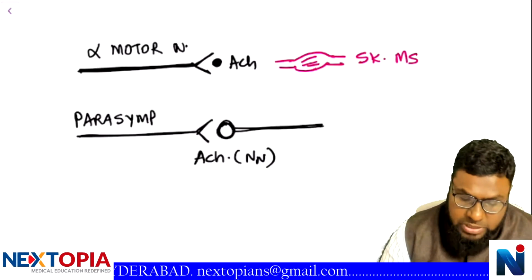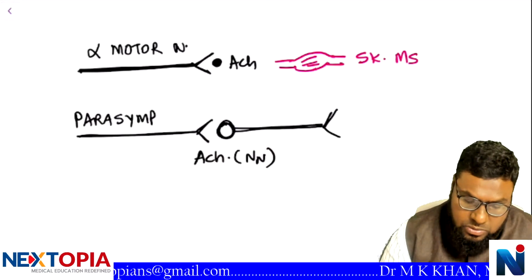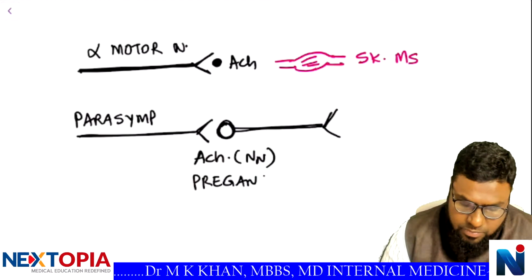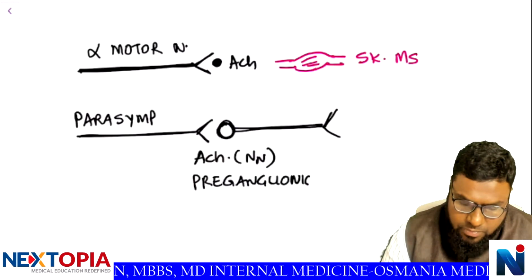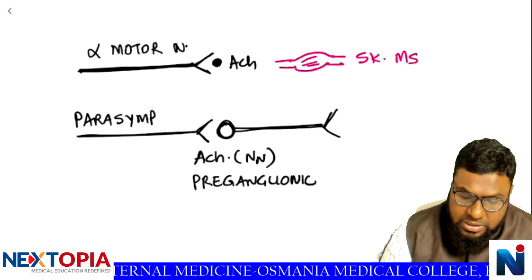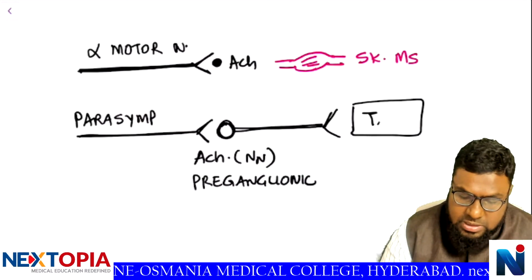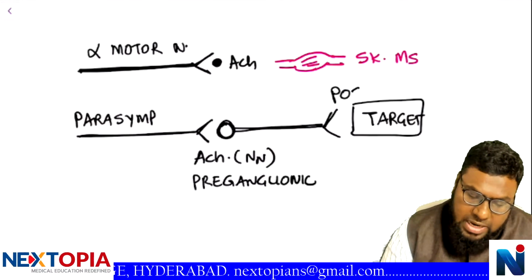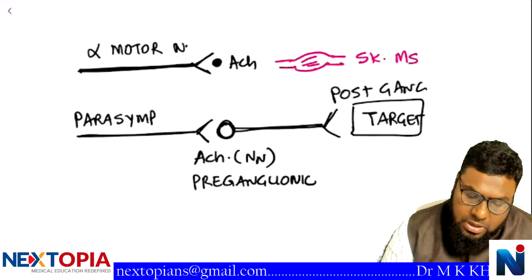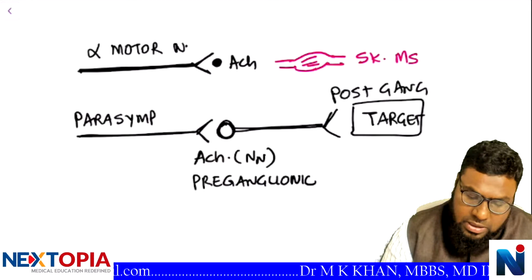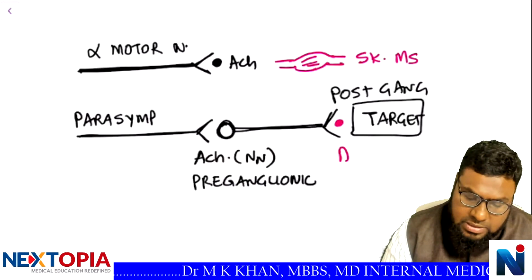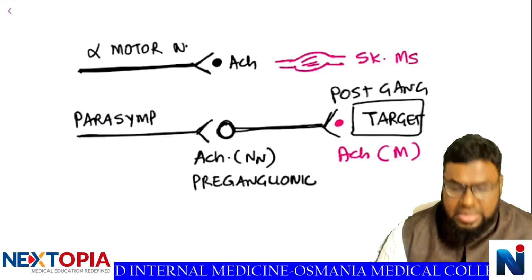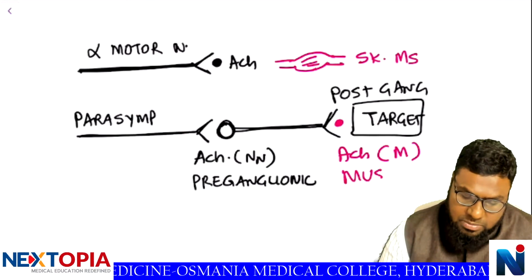This is preganglionic, this is postganglionic, and this is the target organ. If it is postganglionic, it is via acetylcholine again, but acting on the muscarinic type of receptors.